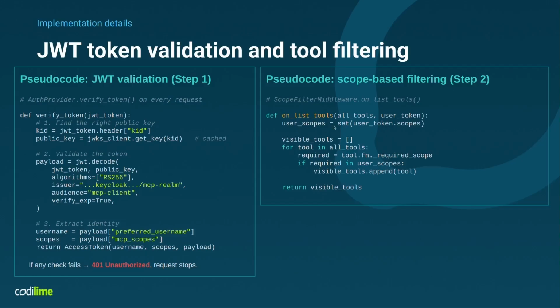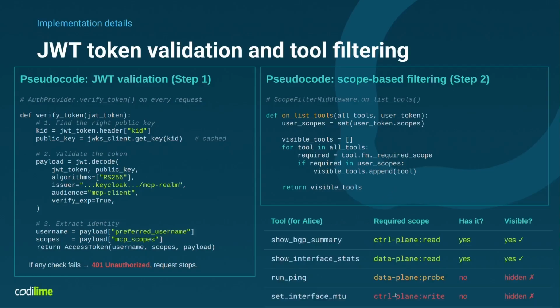It is very simple. We just retrieve the scopes from the user token, and for each tool in our set, we retrieve the required scope for that tool. And if this required scope is in the set of user scopes, then we append this tool to the visible list and return it to the agent. So in that way, we achieved this.